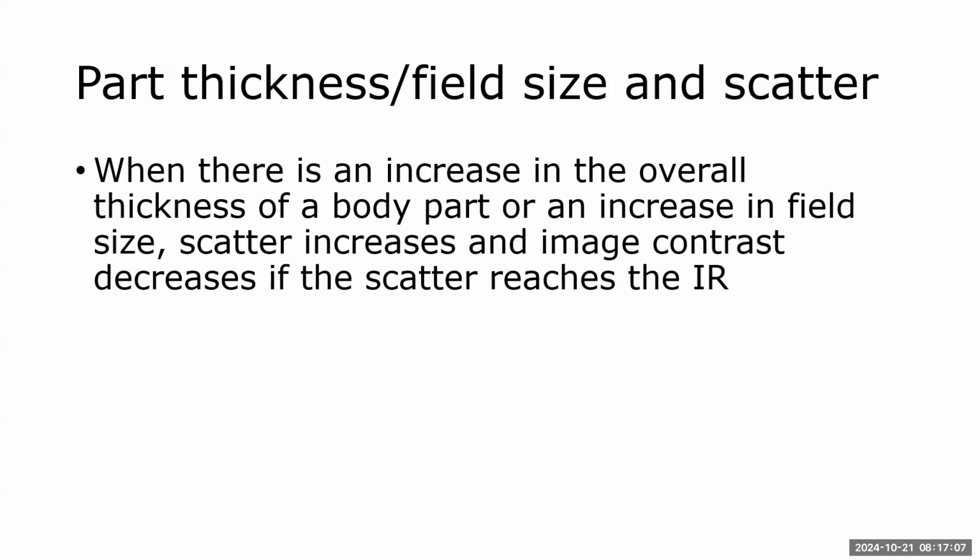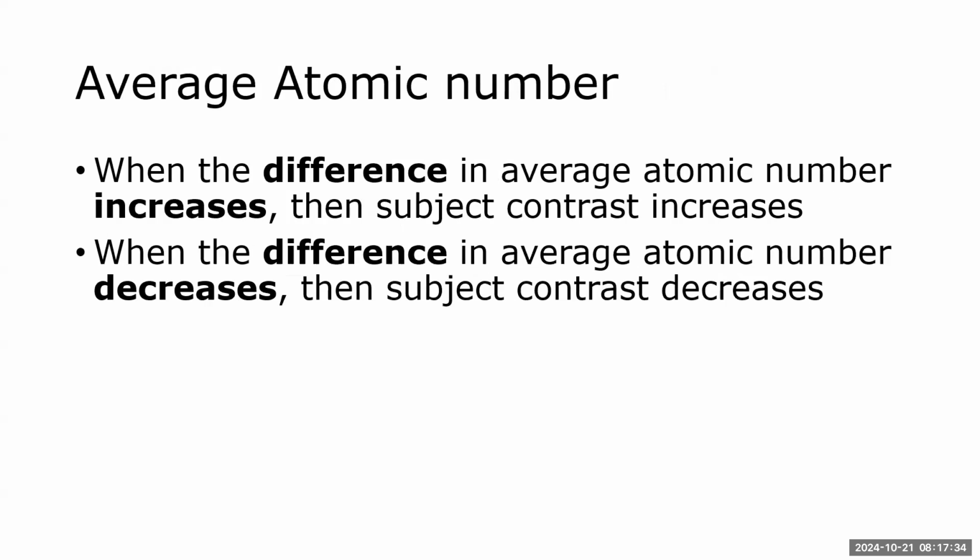So when there's an increase in any of those, that's more matter to deal with. So it's going to be more scatter, and it's going to lower contrast always if that scatter reaches the IR. So we saw what scatter does by taping that foot onto the detector and seeing how that image was created solely from the scatter that came off of the abdomen that was there.